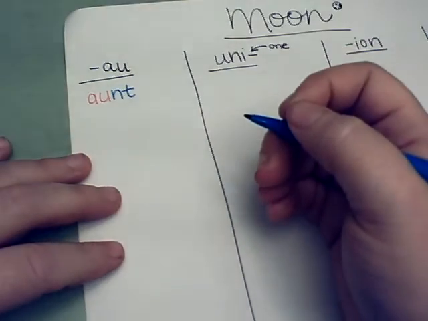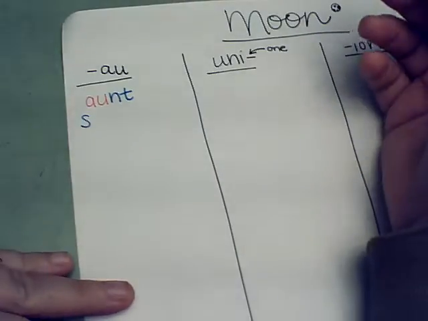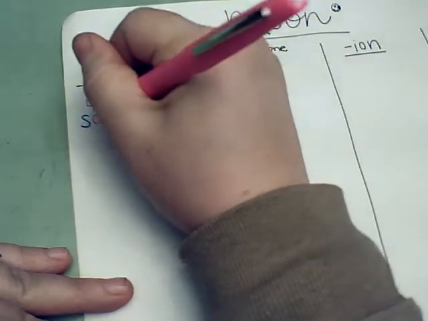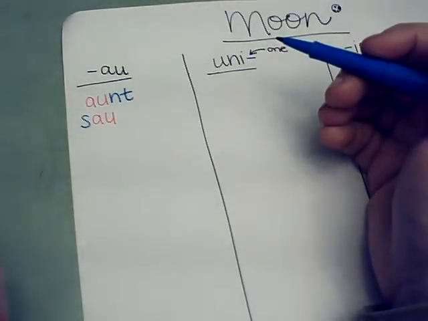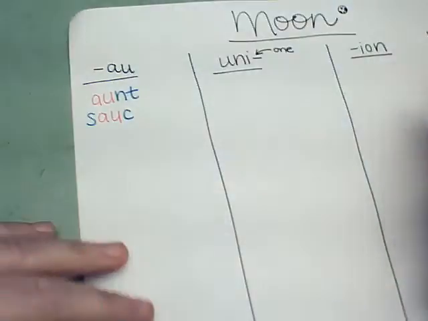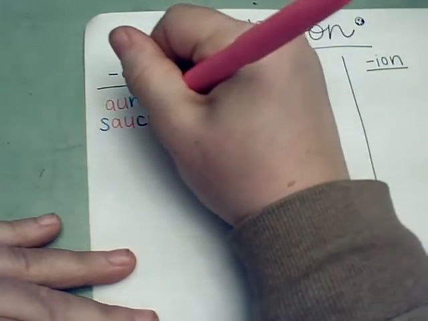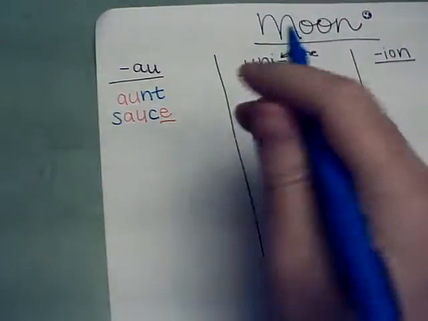We have the word sauce, like Chick-fil-A sauce. A-U, S. It's not another S. This is actually going to be a weird combo of a C and a silent E. So pay attention to that.